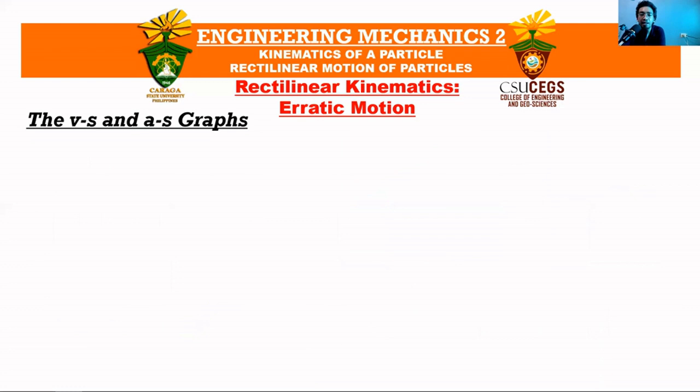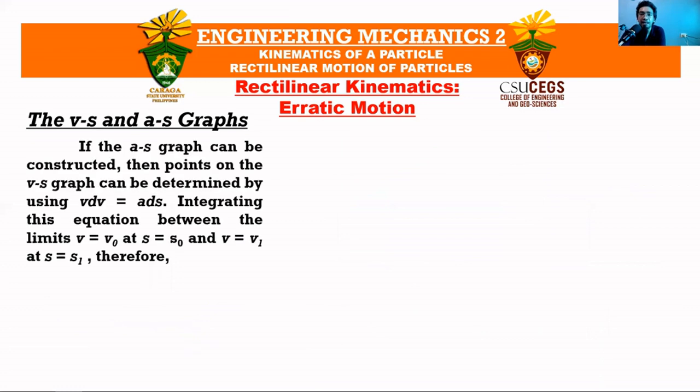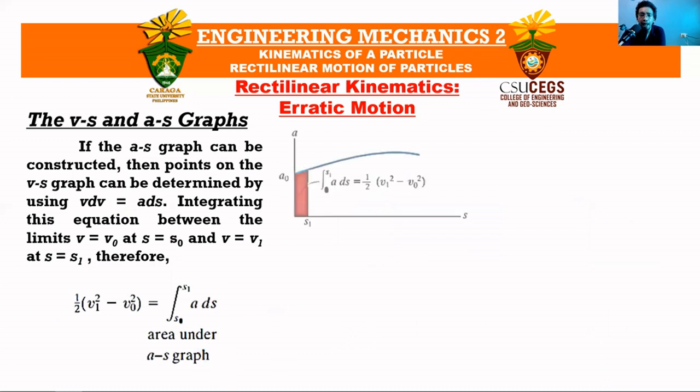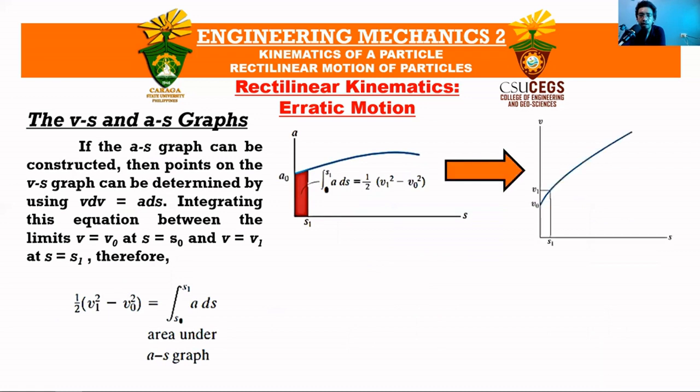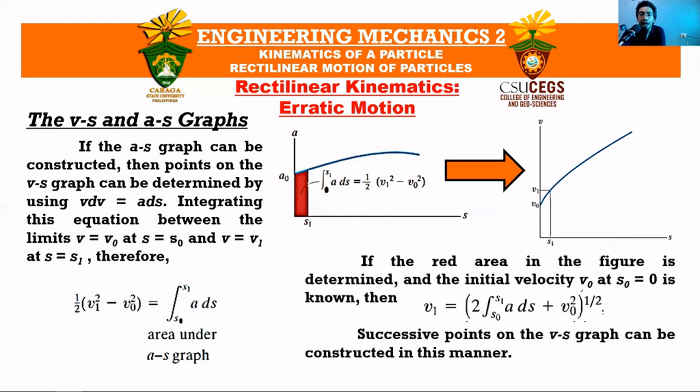On the other hand, if the AS graph is known or given in a problem, you can construct the VS graph using the same kinematic equation and integrating this equation between the limits. Therefore, you can come up with this equation. And if you have this AS graph, you can construct the corresponding VS graph.